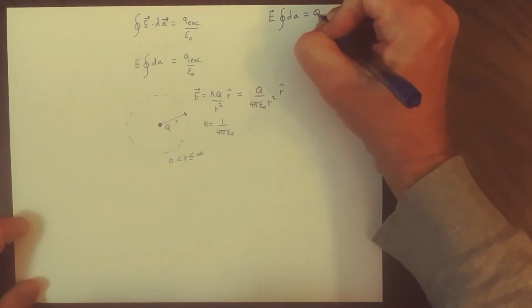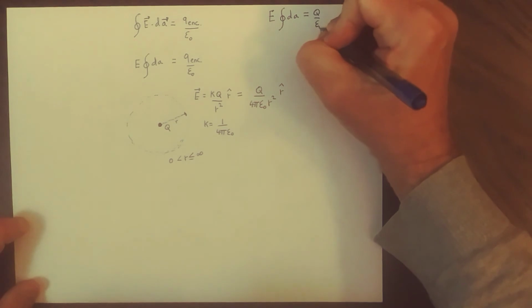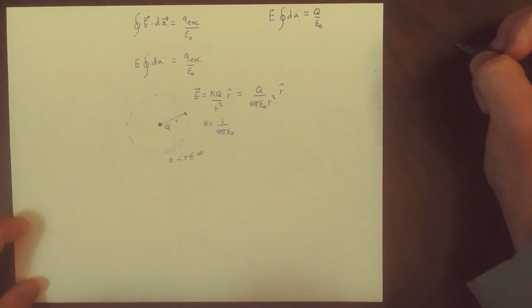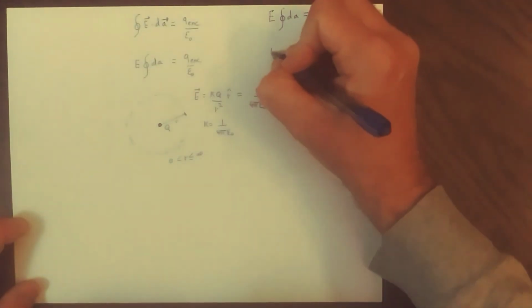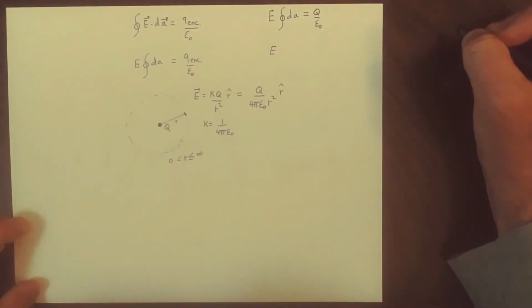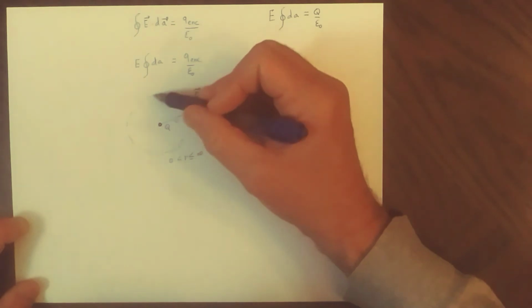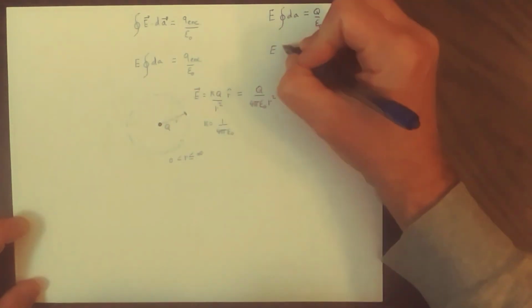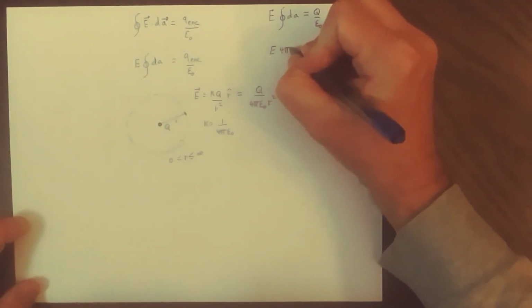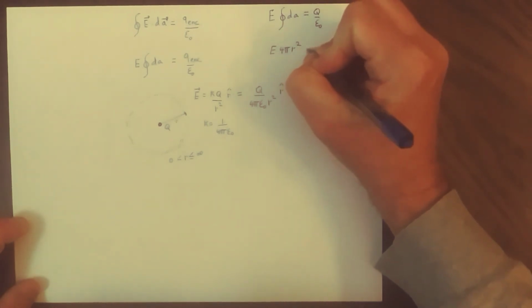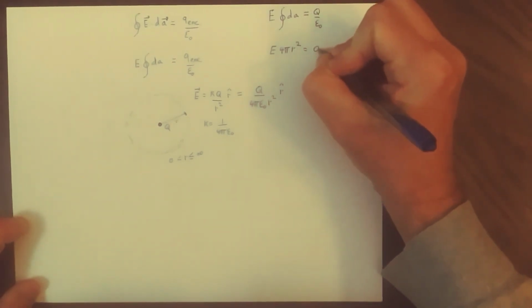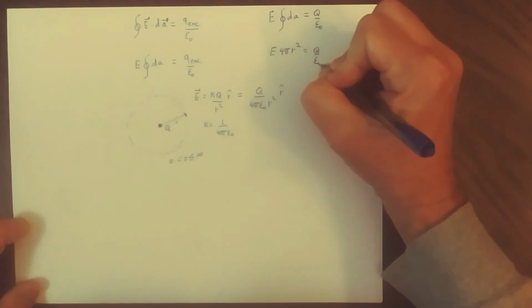So in this case, the right-hand side is big Q over epsilon naught, and the left-hand side then becomes E times the surface area. Right, we're integrating the electric field on this surface, and we get the surface area, which is 4 pi r squared, and that's equal to Q, capital Q over epsilon naught.